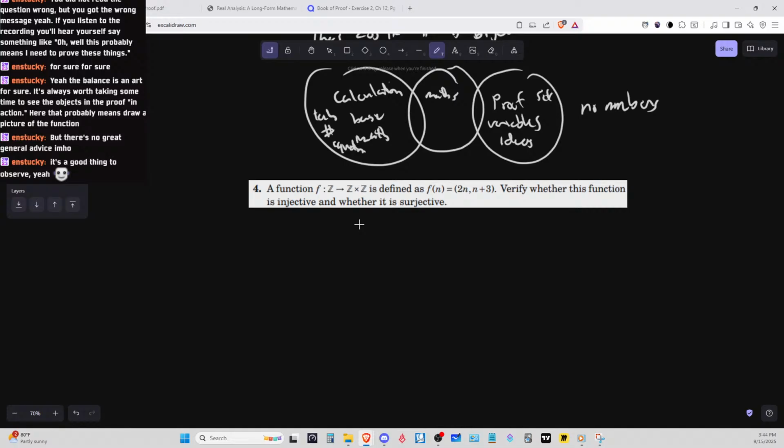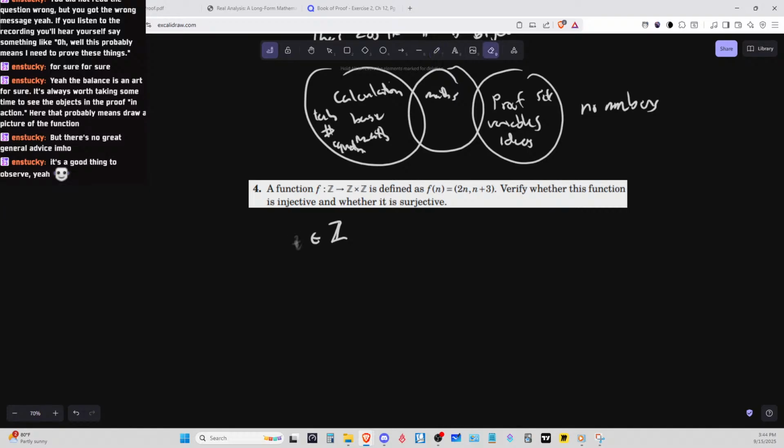Verify whether the function is injective or whether it's surjective. So, if we think about it this way, let's say we take little z in Z, and then, well, actually they use n, right? Yeah, they use n.